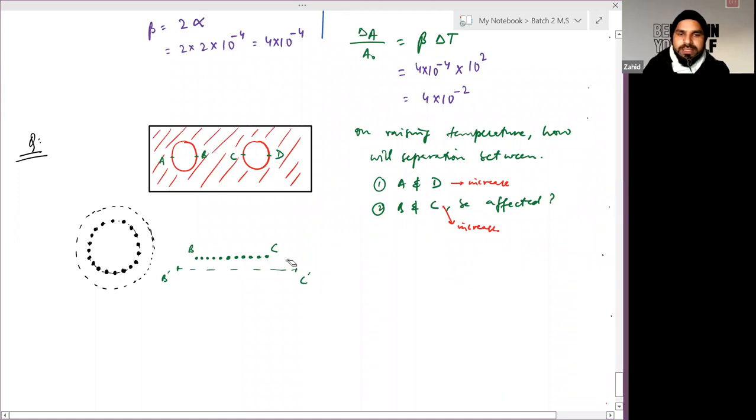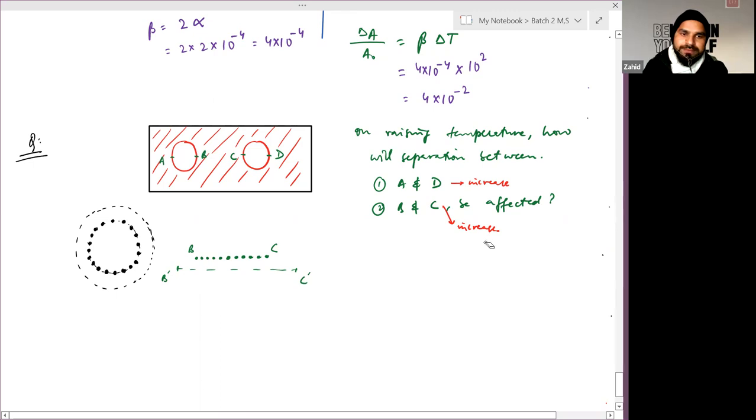On increasing temperature, the separation between particles increases due to weakening of bond. So each separation on increasing will tend to acquire this particular type of configuration. So we can say the separation between B and C increases on increasing temperature.